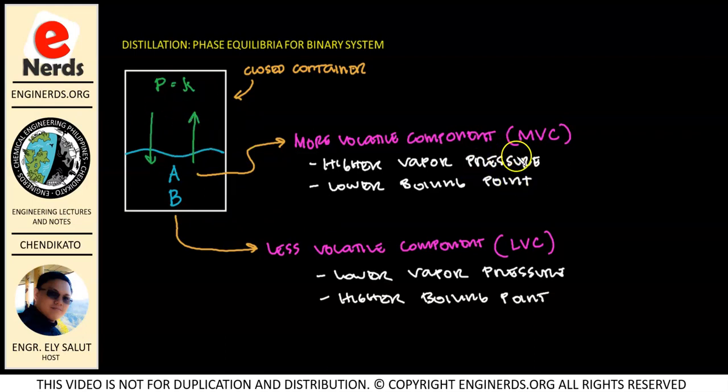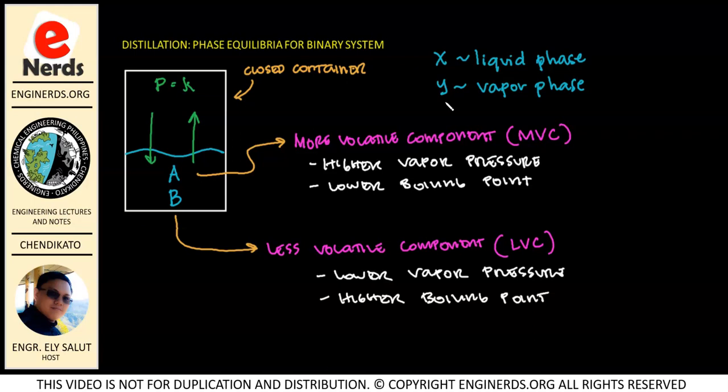And in most references, you can see that, let's say if X represents the concentration of the MVC, our more volatile component, in the liquid phase, then Y will be the concentration of the MVC in the vapor phase. Well, we're going to use this when we start our calculations or further explanation in our distillation topic.